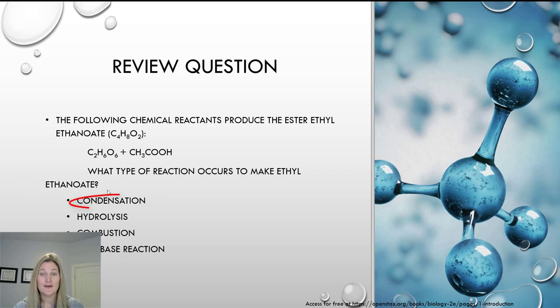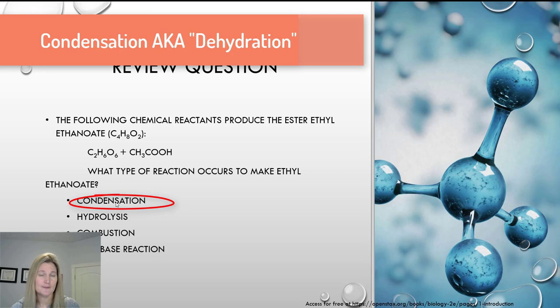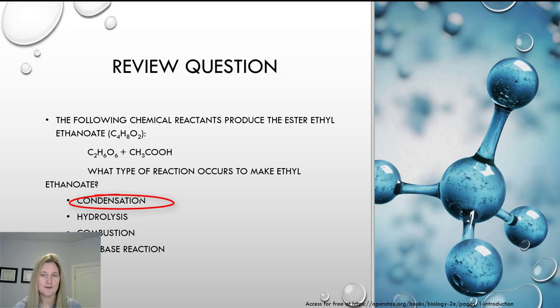If you chose condensation, I would agree with you. Remember, condensation reactions, the other word is dehydration synthesis. Depending on your instructor or what you might see in subsequent courses, even though I prefer the term dehydration synthesis reaction, I have to know it by the other name, condensation, as well.